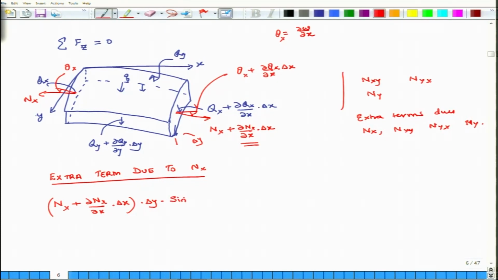Now, the sine of this angle is theta x plus del theta x over del x times delta x. If I substitute theta x by dw dx, I get del w over del x plus the second derivative of w, these are mid plane displacements, del squared w over del x squared, times delta x. Okay. So I have to multiply this by the sine of this angle.